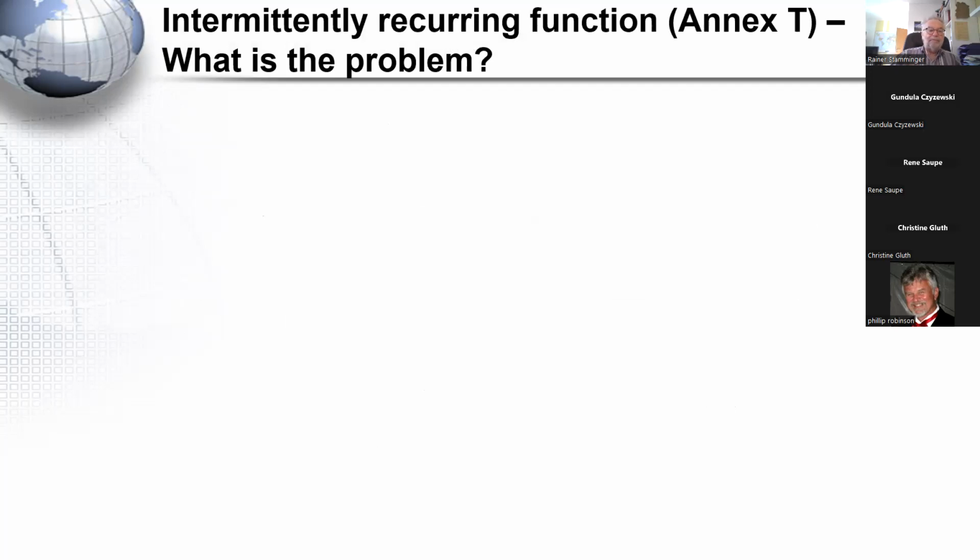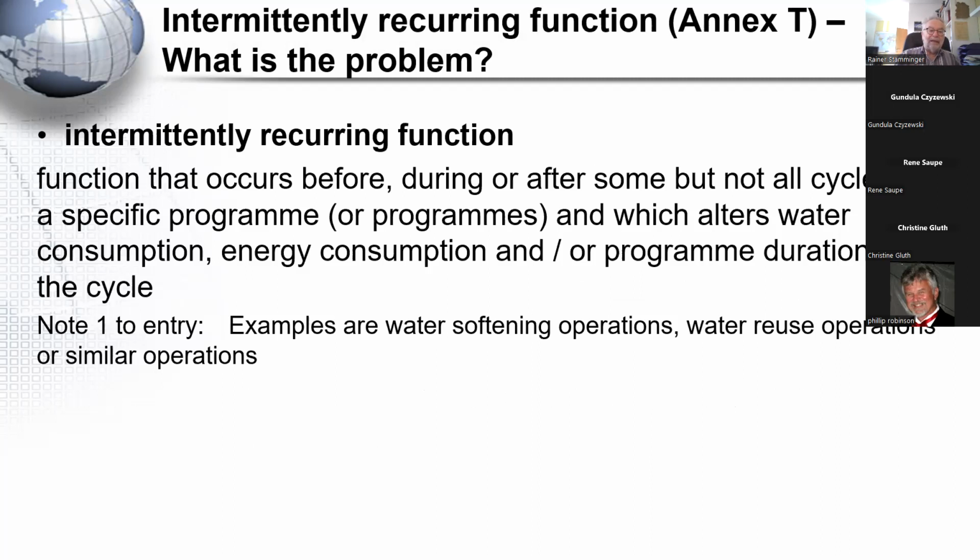So what the problem is, is that we want to measure the influence coming from those intermittently recurring functions. And we want to be able to say, okay, this is the basic consumption of a machine.